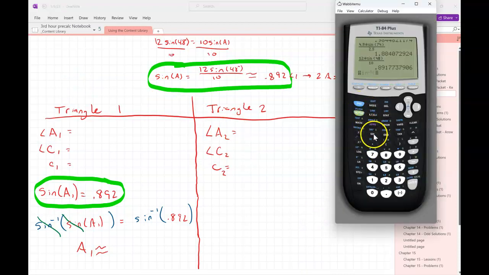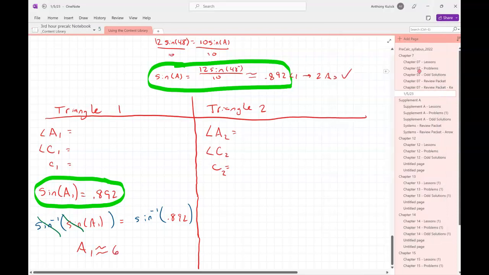So second sine, and then just do the answer command to take that value that was in there. And I get 63.10-ish. Everybody okay with that?